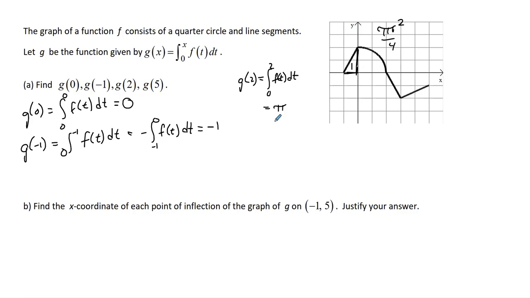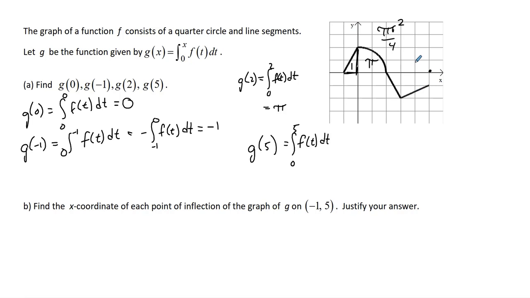And then I have g of 5, and that's equal to the integral from 0 to 5 of f of t dt. If I know this is pi, and that's 2, 3, 4, 5, so right here I'm going to find all of this area down there. All of that area is going to be negative.